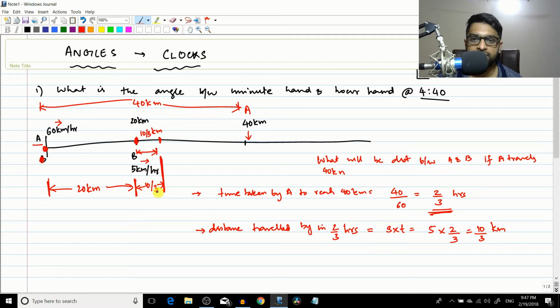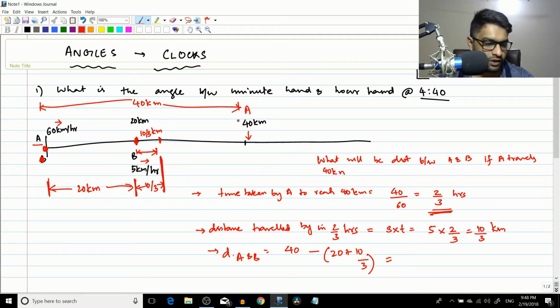So the distance between A and B will be equal to 40 kilometers minus 20 plus 10 by 3, which is 20 minus 10 by 3. This is equal to 50 by 3 kilometers. So 50 by 3 kilometers will be the distance between A and B when A reaches 40 kilometers.